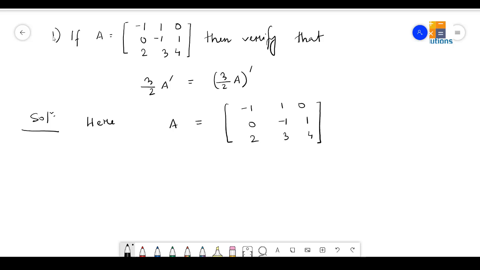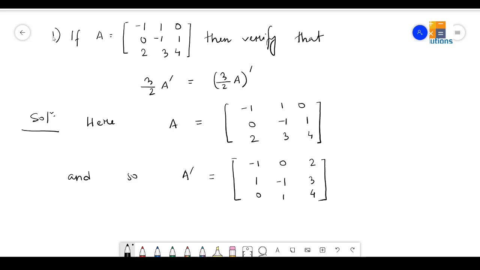This is the matrix given to us, and so in A dash the first row will become the first column, so I get -1, 1, 0. The second row will become the second column, 0, -1, 1. The third row will become the third column, 2, 3, 4. So this is the result for A dash.